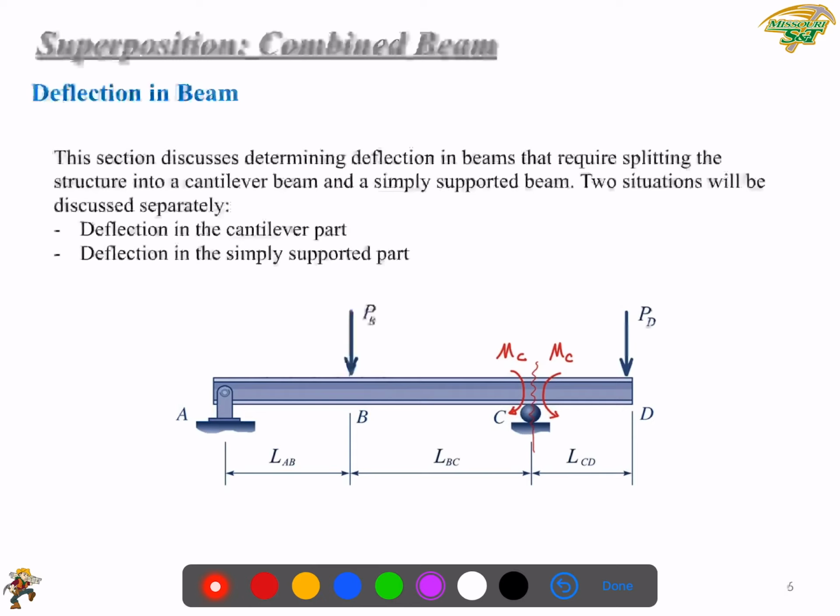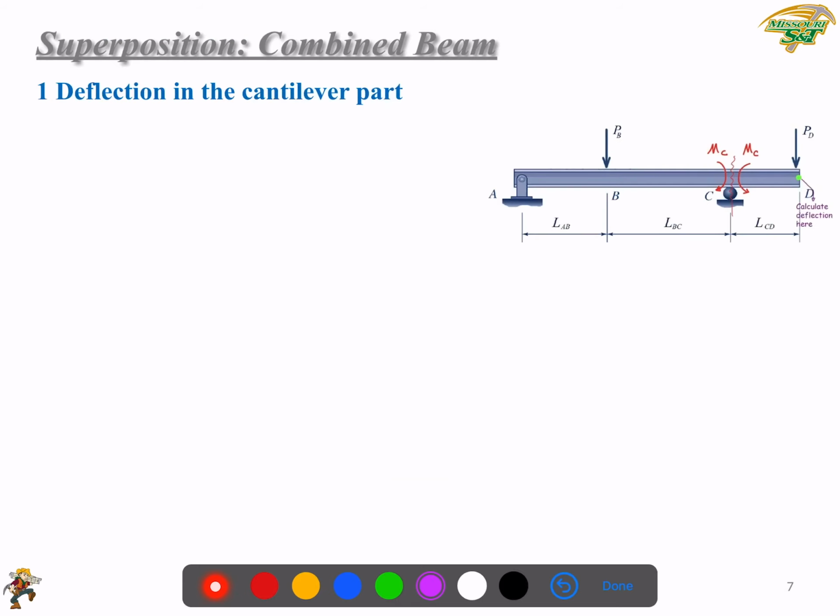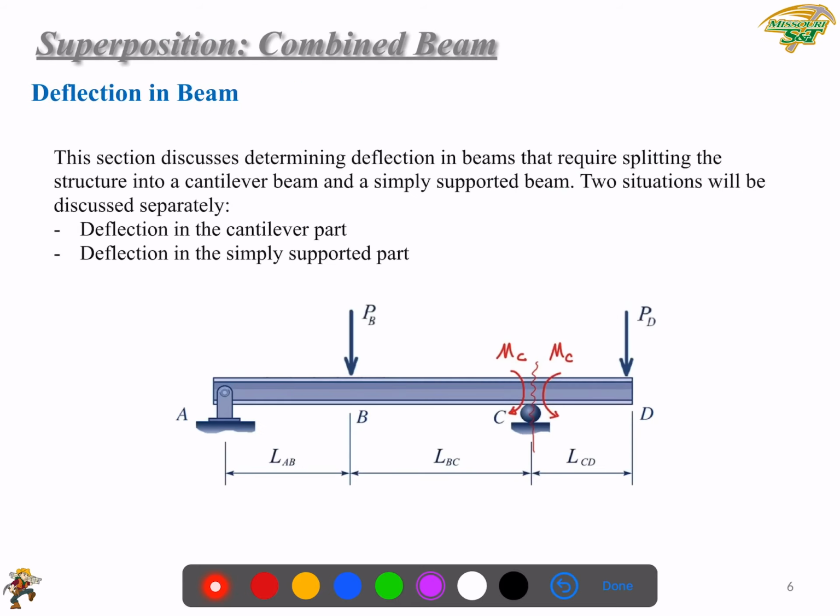And you can calculate the deflection in the cantilever parts and the deflection in the simply supported parts. Let's see this example here. It's an overhanging beam. So obviously, if you want to split it, you can split it from here, from the connection point C. Then now you will get a CD. You can consider that CD is a cantilever.